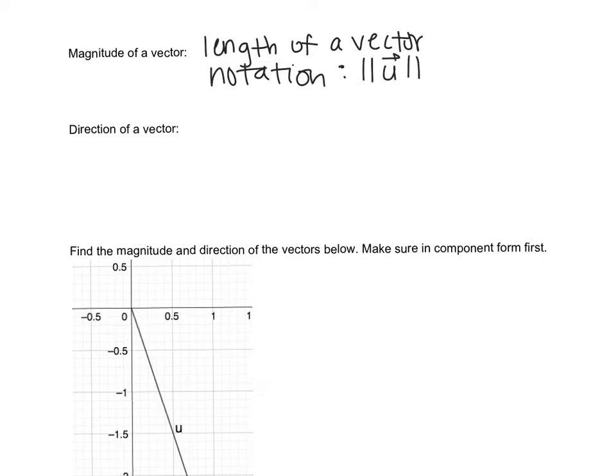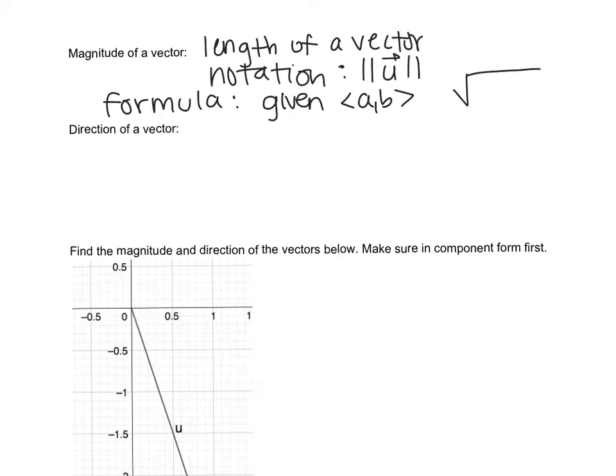So if you see the double brackets around your vector, you know you want to find its magnitude. So the formula for that, given you have the vector AB, so it has to be in component form, that magnitude would then be found by doing the square root of a squared plus b squared. So you're squaring the x value and the y value, adding them, and taking the square root.